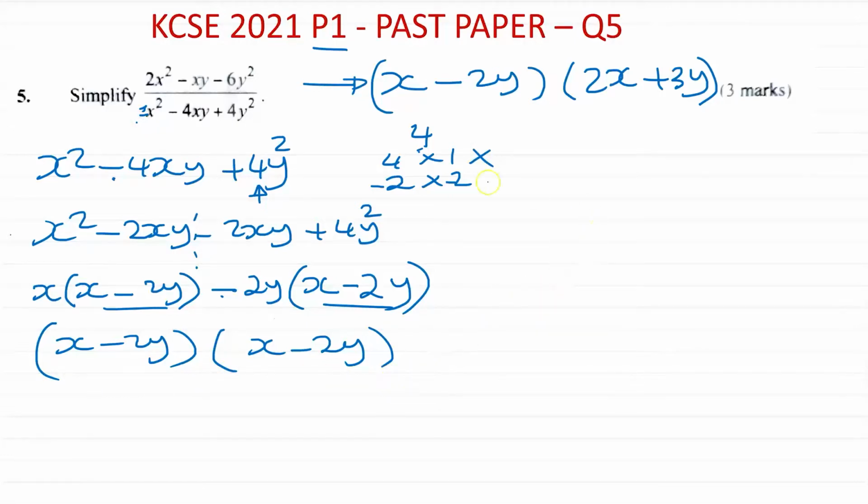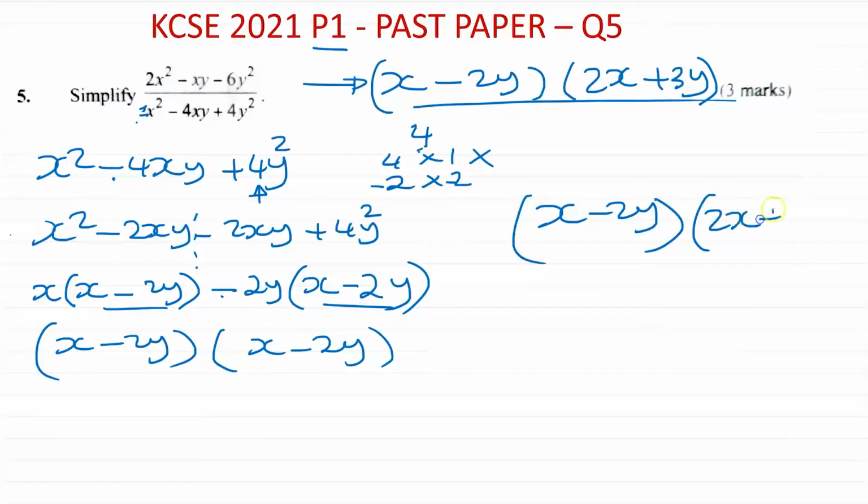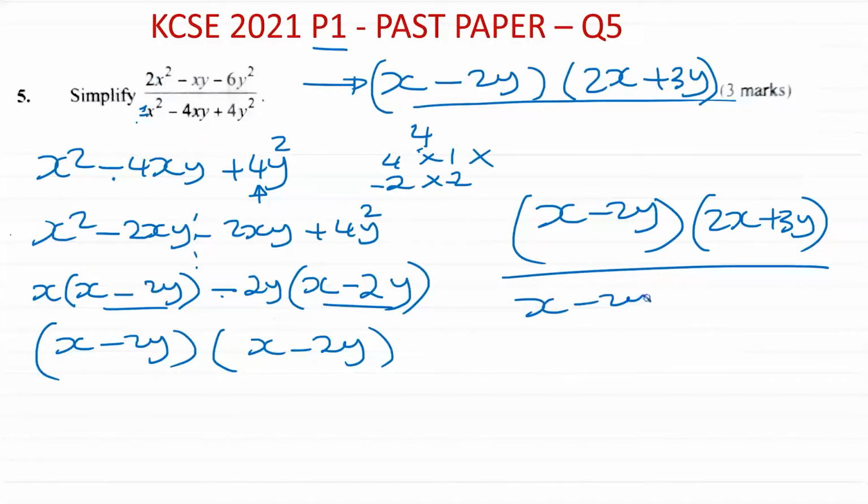If we continue with what we have now, I bring the top one here, x minus 2y, and then 2x plus 3y, divided by the bottom expression, x minus 2y and then x minus 2y.